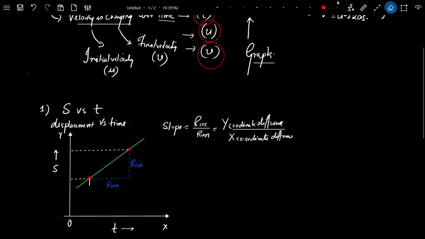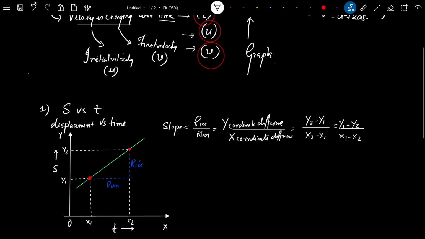Let me clean this up. So there you go. Typically name this as x1, this becomes y1, this is y2, this is x2. So all you're trying to do is y2 minus y1 over x2 minus x1. Many children get confused, but even if you do y1 minus y2 over x1 minus x2, it doesn't make any difference. So this is slope, the rise over run.